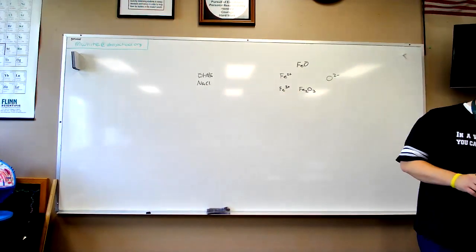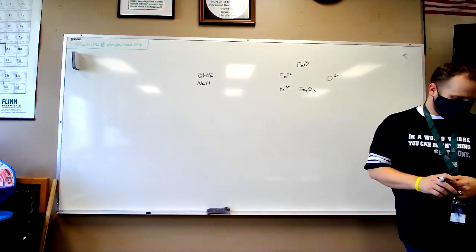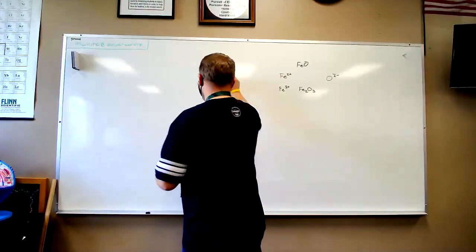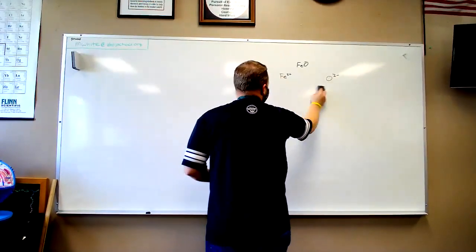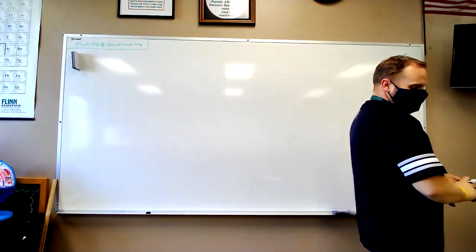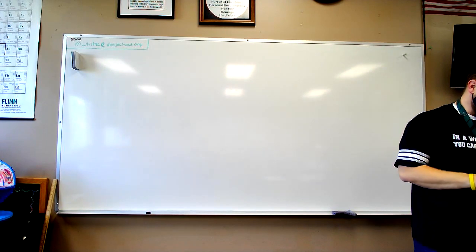So let's actually look at this example, finding the formula of a polyatomic ionic compound. So we're on page 222 right now. And it says, a compound formed by calcium ions and phosphate ions is often used in fertilizers.